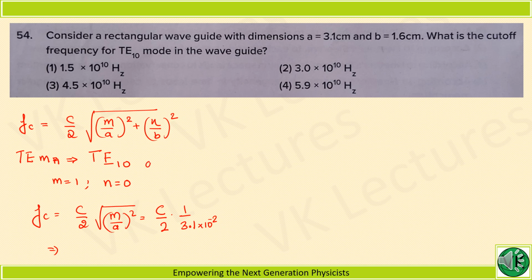So a equal to 3.1 centimeter. c is the speed of light, 3 into 10 to the power 8 meter per second, divided by 2 into 1 by 3.1 into 10 to the power 2. So 3 gets cancelled, almost similar. So 1 by 2 into 10 to the power 10. So almost equal to 5 into 10 to the power 9 hertz.